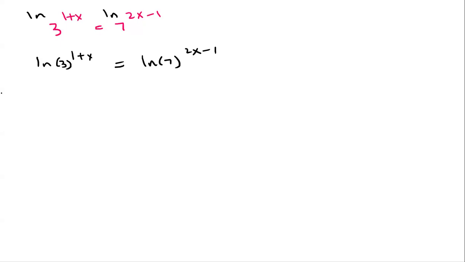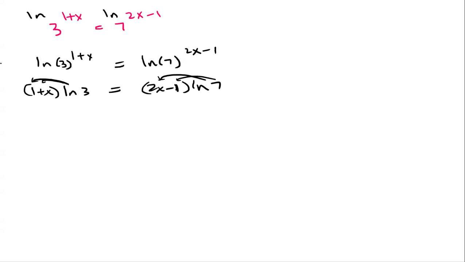Then we use the property, if we have a power, we can move it to the front. Okay. So we have ln of 3, and then we have 2x minus 1, ln of 7. Okay. And then now we distribute each term. That's a 1 there.